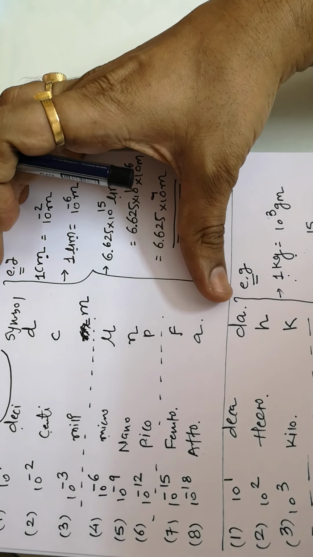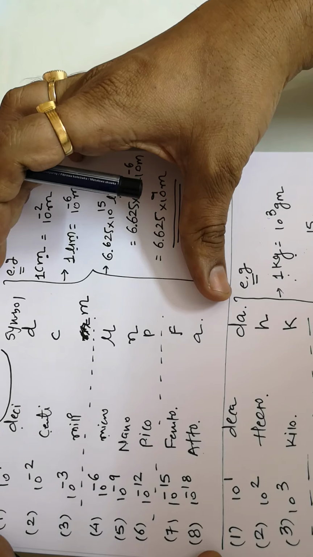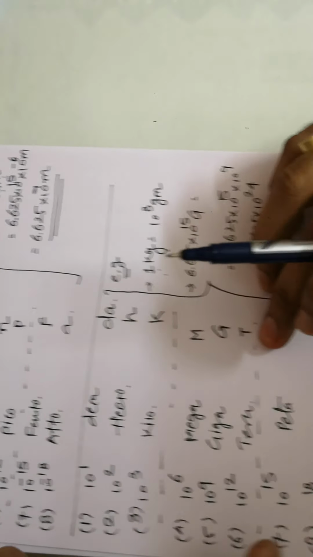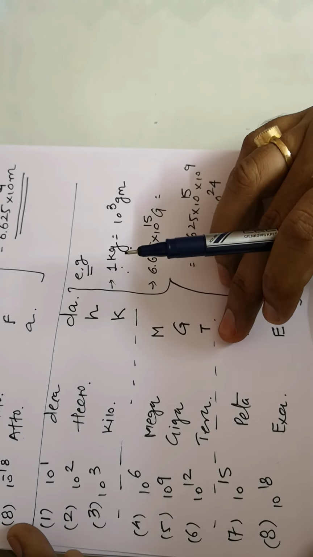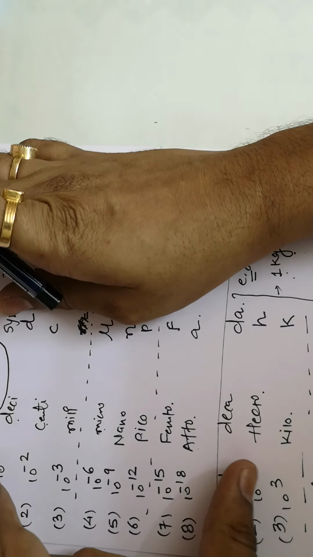So you can see there are again quantities from 10 to the power minus 1 to minus 18, and over here we have 10 to the power plus 1 to 10 to the power 18. How can you remember it?